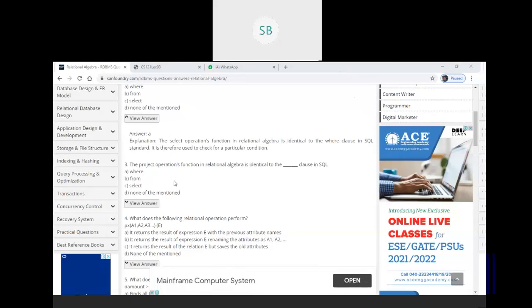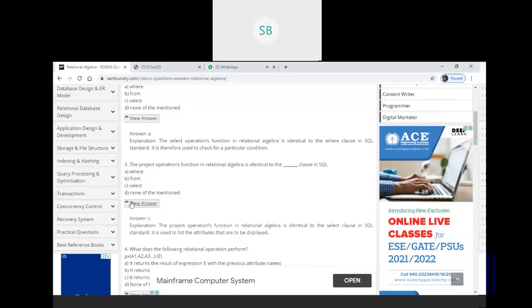So if we want to work on the attributes in SQL, it is select. The project operation is known as select in SQL. I hope you will remember. I'm not giving you notes or anything, so you will find these things here.